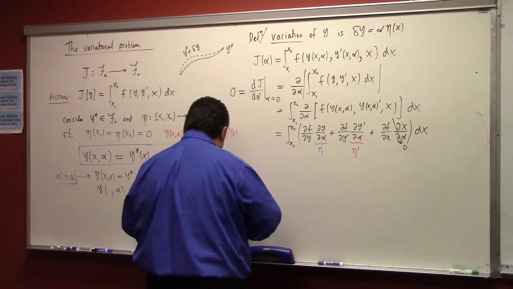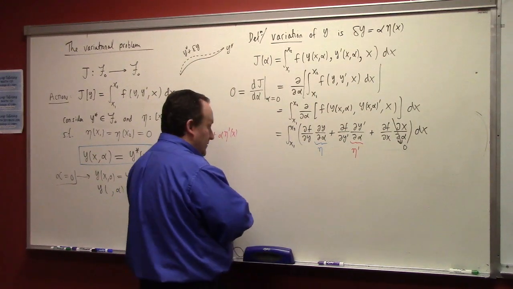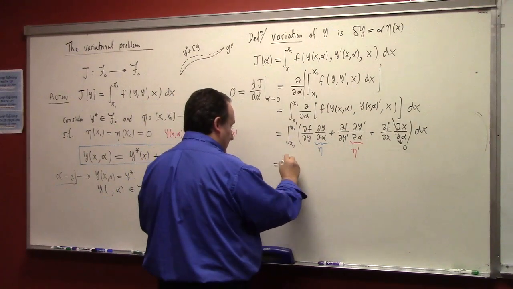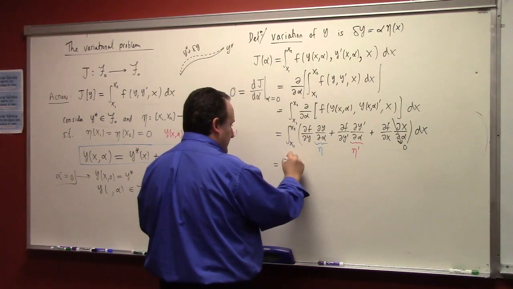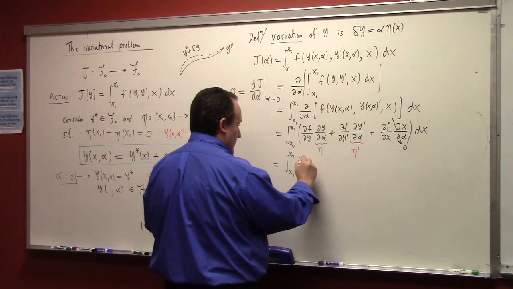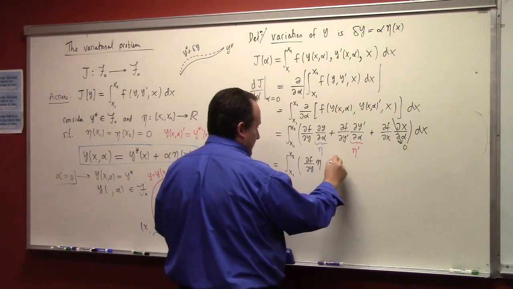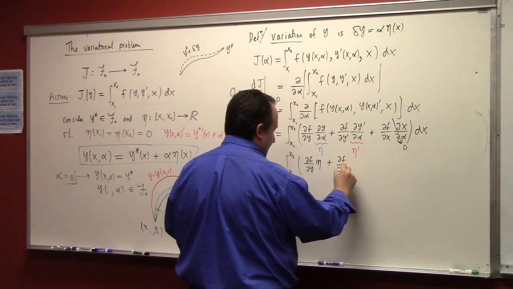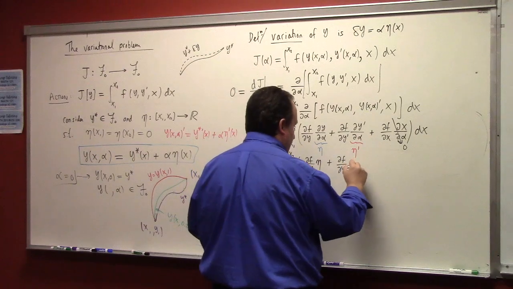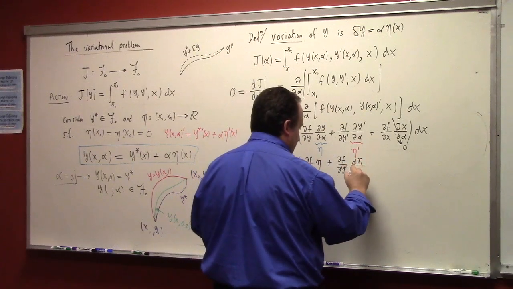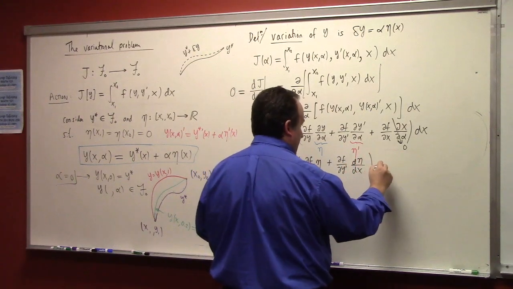So let me write it out. Now, we're up against the integral from x1 to x2 of partial f partial y eta plus partial f partial y prime d eta dx, okay?